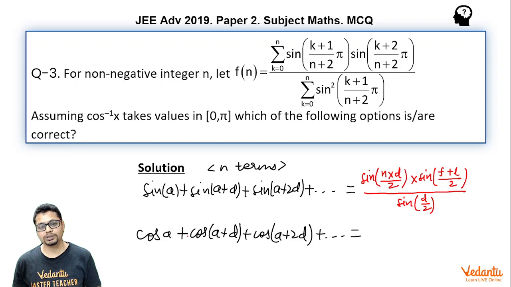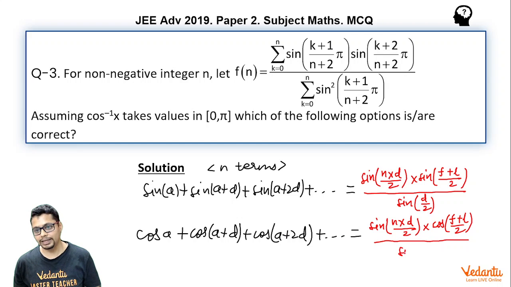Similarly, cos A plus cos (A+D) plus cos (A+2D) and so forth. The sum of n terms we can write as sine of (number of terms multiplied by common difference of the angles by 2) multiplied by cos of (first angle plus last angle) by 2, where first angle and last angle are respectively the first and last angle of the sequence of angles which are in AP, divided by sine of common difference of angles by 2.